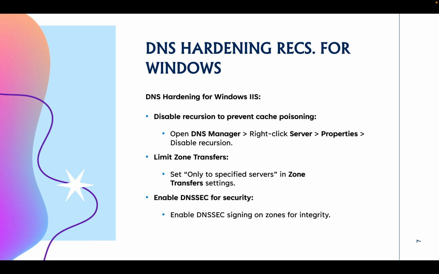So for the hardening recommendations for Windows, one, you would disable recursion to prevent cache poisoning. To do that, we would open DNS Manager, right-click Server, Properties, disable recursion. For the second hardening recommendation, we would limit zone transfers.